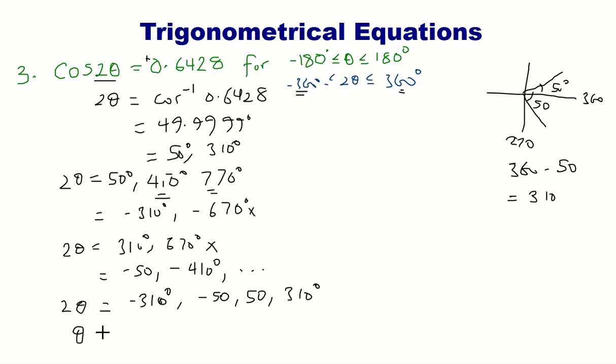So our theta will be, we just divide each of these by 2. We get negative 155 degrees, negative 25 degrees, 25 degrees, and positive 155 degrees. And these are the values of theta that give us our cos 2 theta as this.